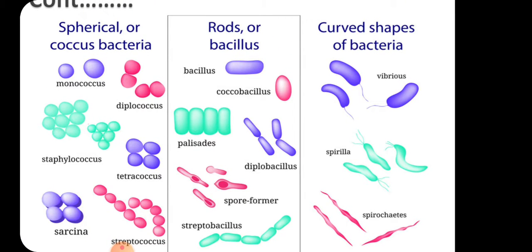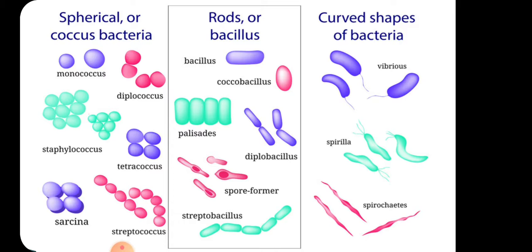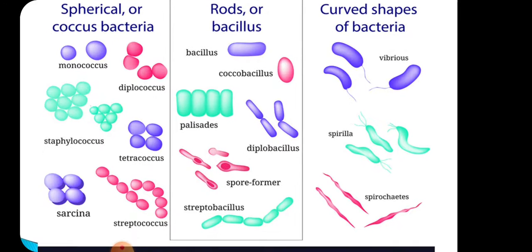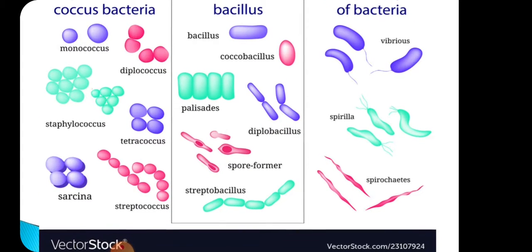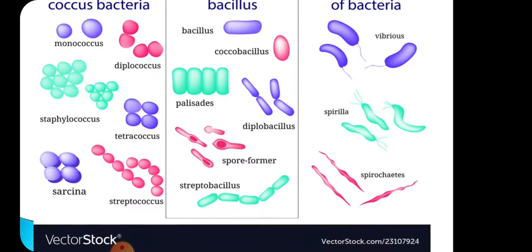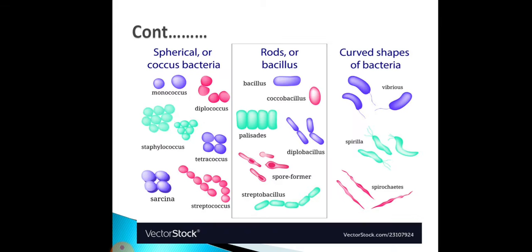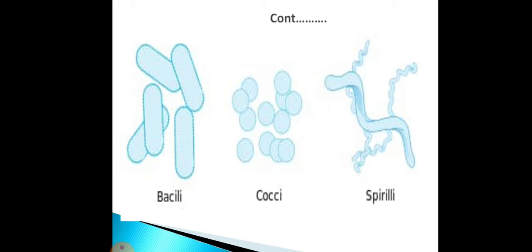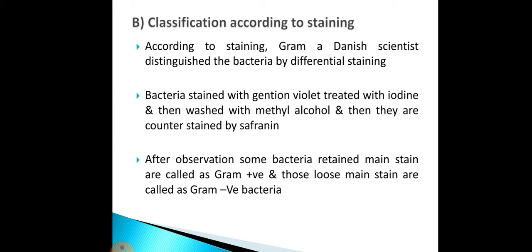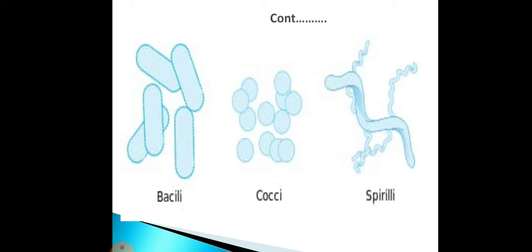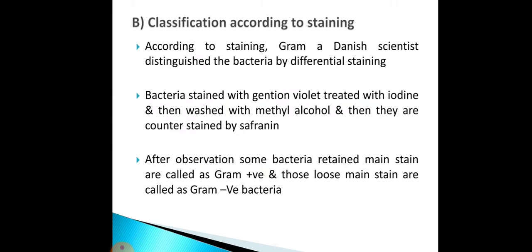And the curved shapes of bacteria are the vibrios, spirilla and spirochetes. Then bacilli, these are rod shaped, and cocci and spirilla. So we have seen the classification of bacteria according to their shape and size.